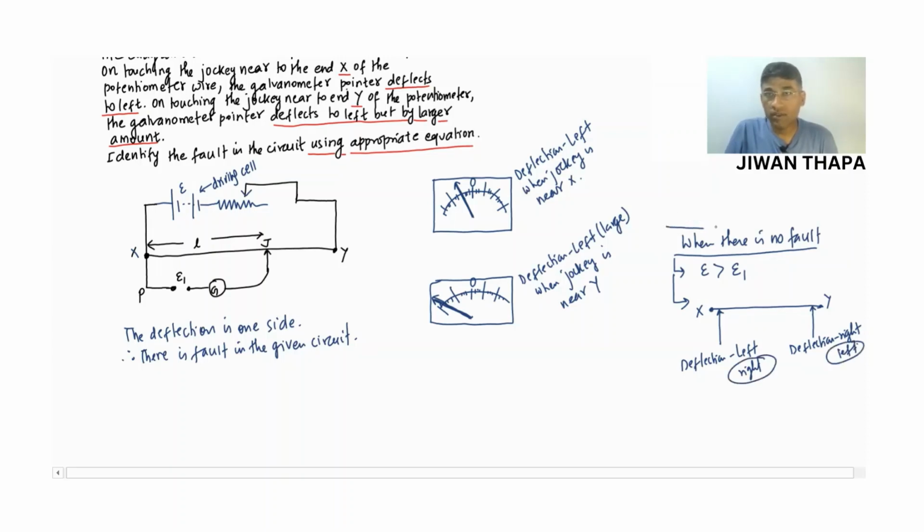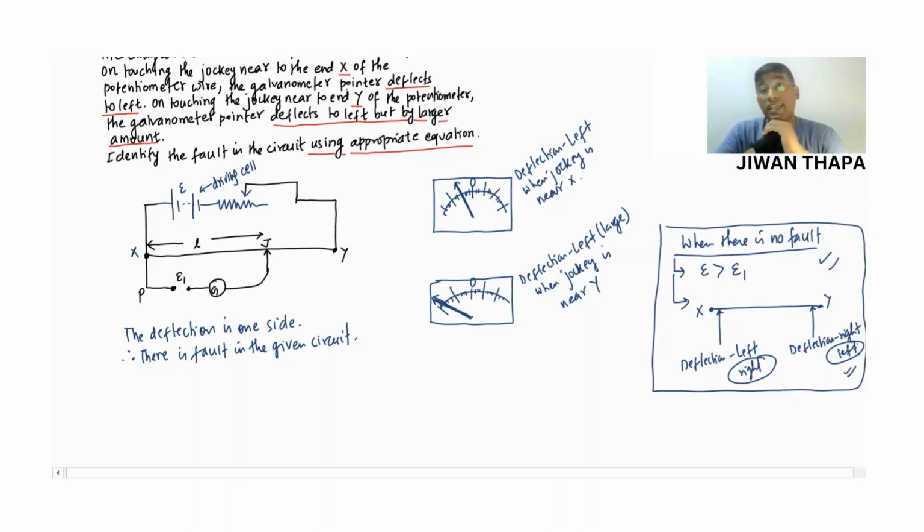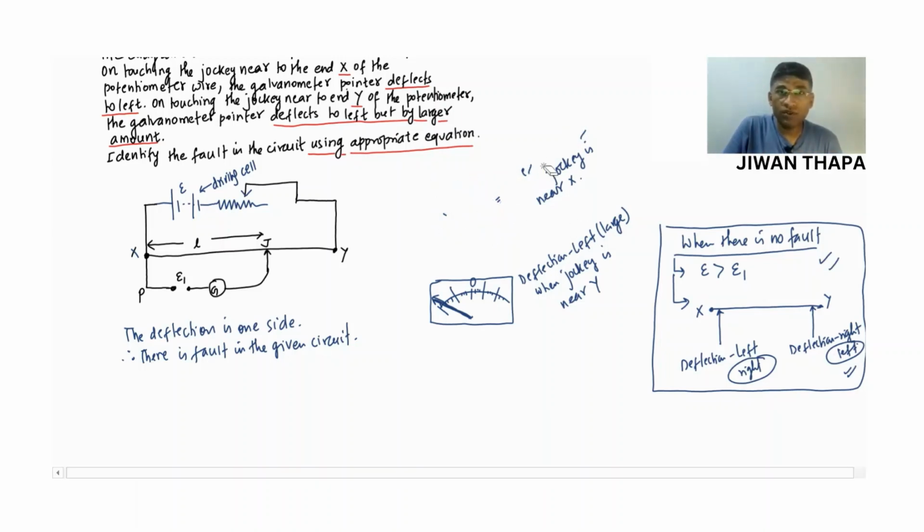So when we have no fault in the circuit, we must have these conditions or cases. Now, let us come to the question, okay?